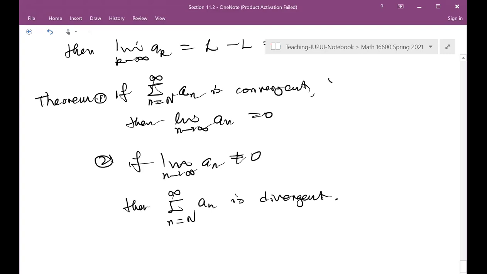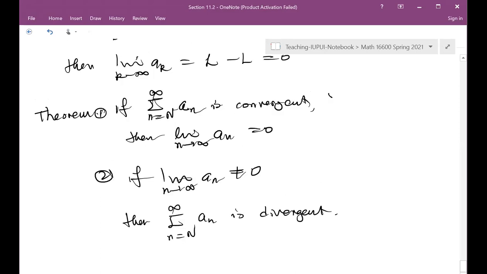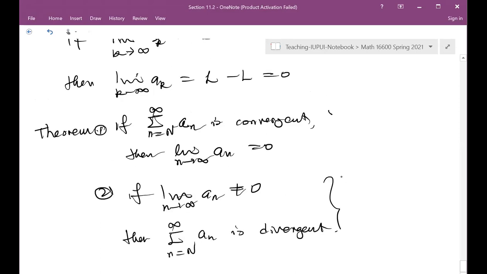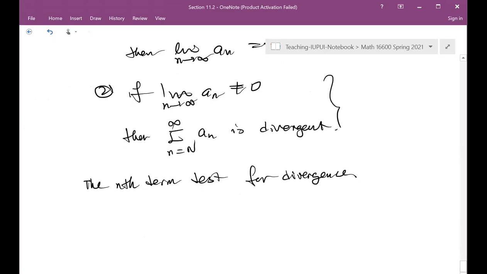This is called the nth term test for divergence. You cannot use that to prove the series is convergent. You can only use that to prove it is divergent.